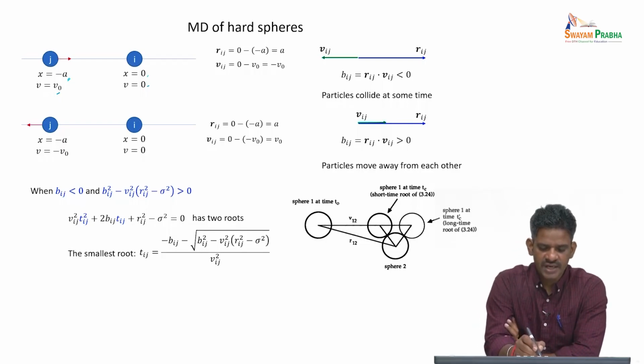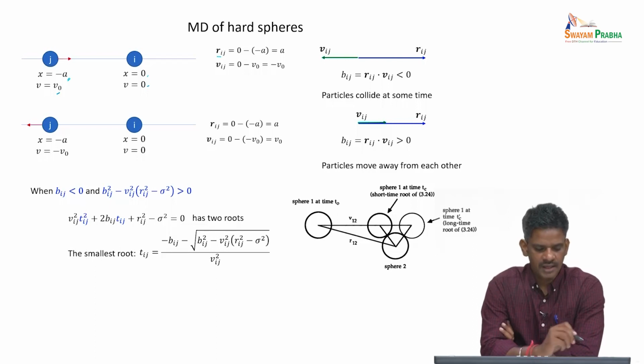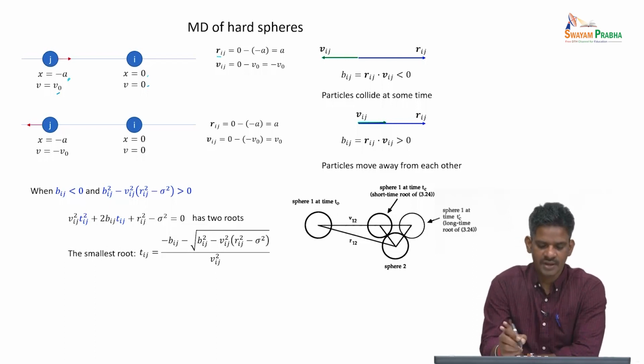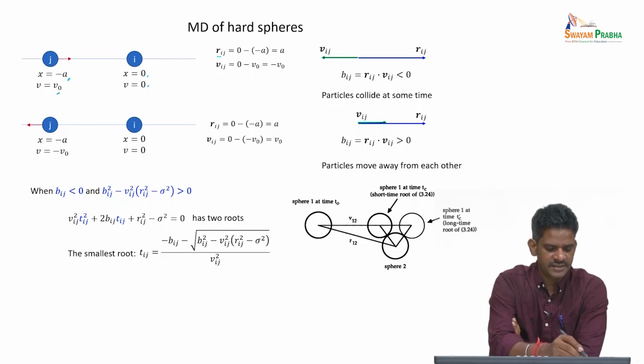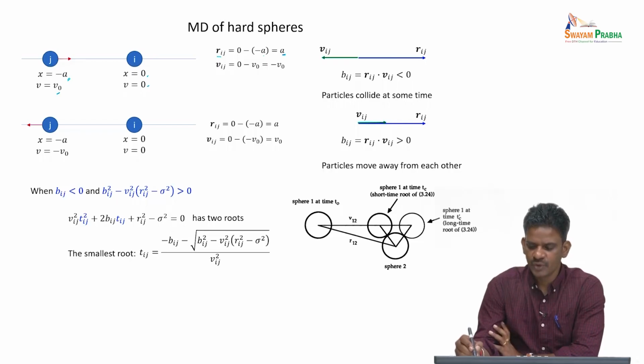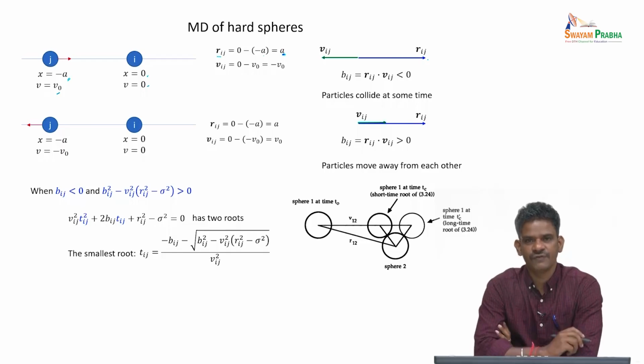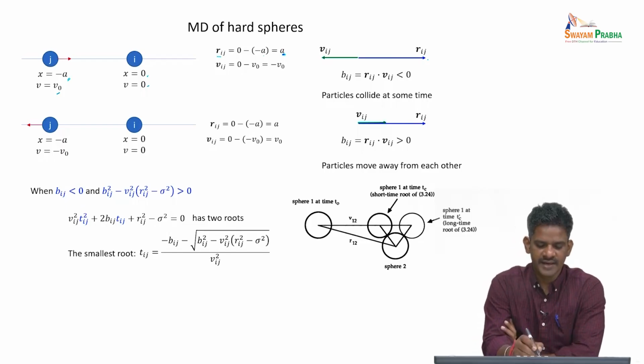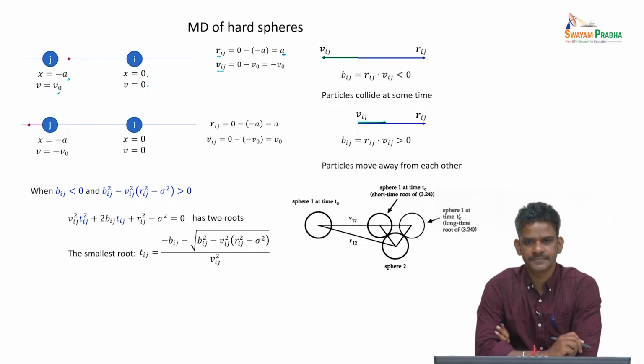First we find what is the Rij at this particular time t, and that is going to be 0 minus of minus a. So, basically the relative vector Rij is simply a, and it is shown as the blue arrow here. It is going in the positive direction with a value of a. And then similarly we can calculate the relative velocity Vij.